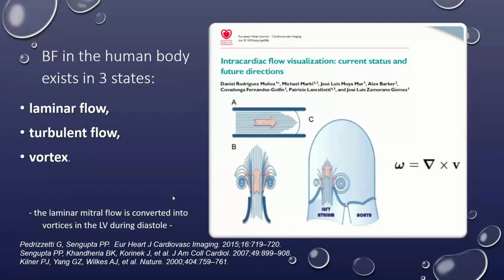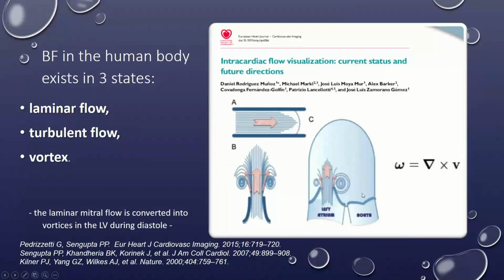So at the level of the mitral valve, the laminar flow is converted into vortices during LV diastole. The shifting of the flow from the left atrium to the left ventricle creates a vortex, and this vortex is typically localized between the anterior leaflet of the mitral valve and the interventricular septum in the outflow portion.